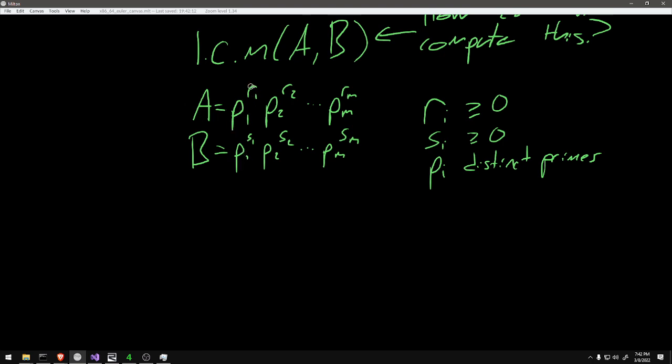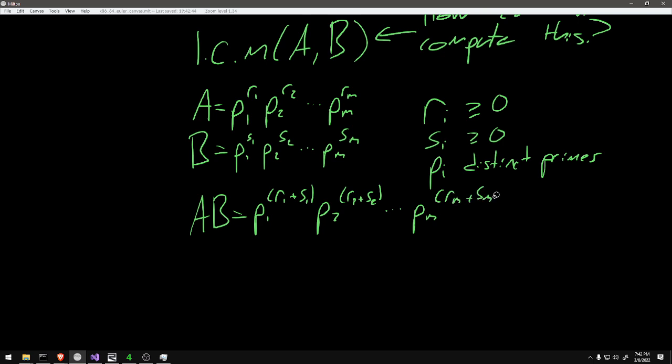So then it would put an r1 equal to 0, and then s1 would not be 0, right? And then when we multiply these together, we would get AB equals p1 to the r1 plus s1, p2 to the r2 plus s2, dot dot dot, pm to the rm plus sm.